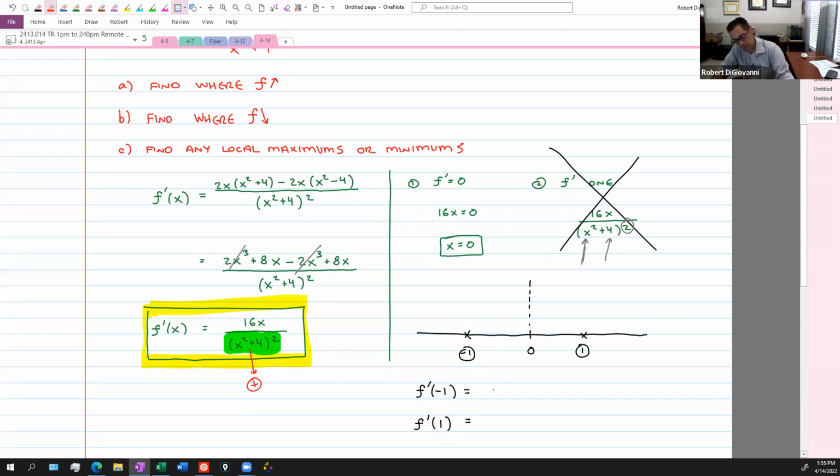So this is going to be a negative number, less than 0. That tells me that the original function is going down there. And if I plug in 1, I get 16 times 1, that's 16 on top, that's positive. That tells me my original function is going up over here. So here, our original function goes down. Here, our original function goes up.